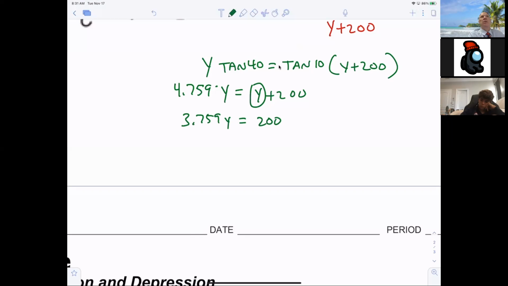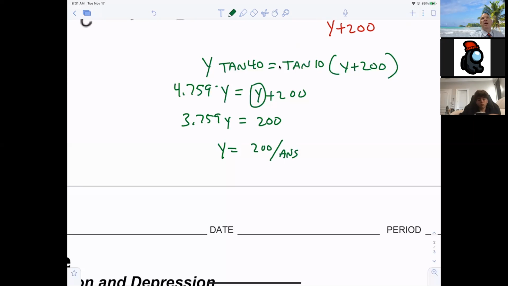But again, that equals 200. Now notice I'm still keeping that number in the calculator. So what does y equal? How do I get that? Dave, tell me how you got that number. You're going to do 200 divided by your answer.